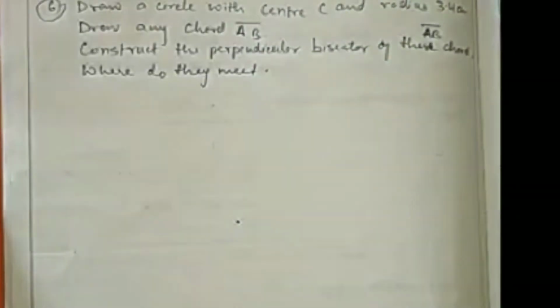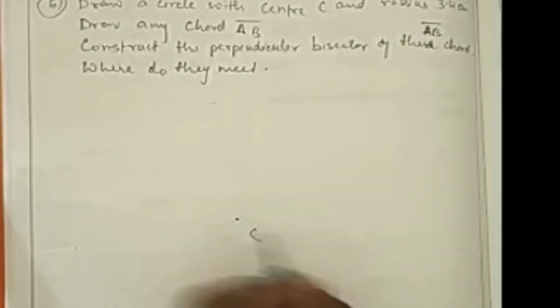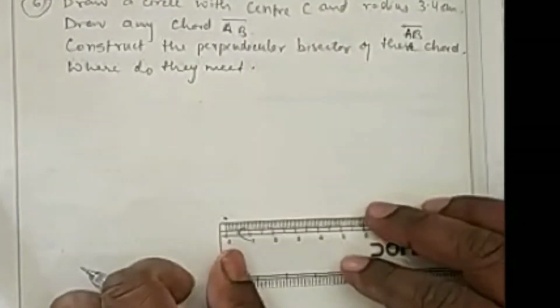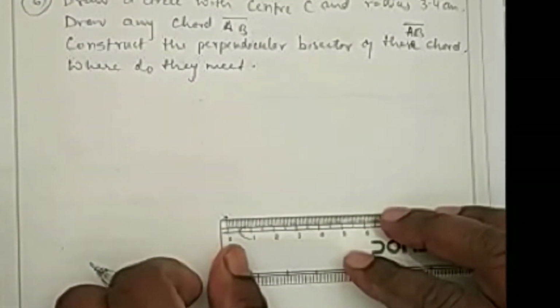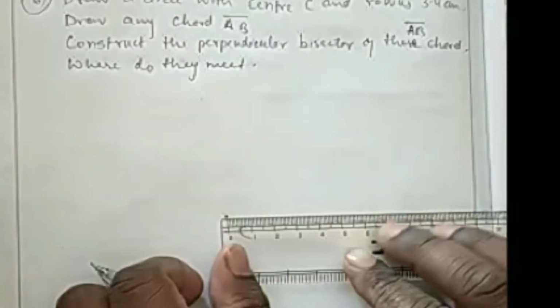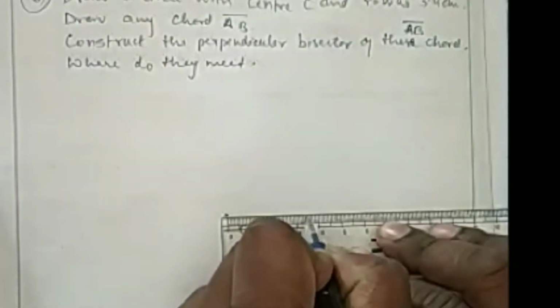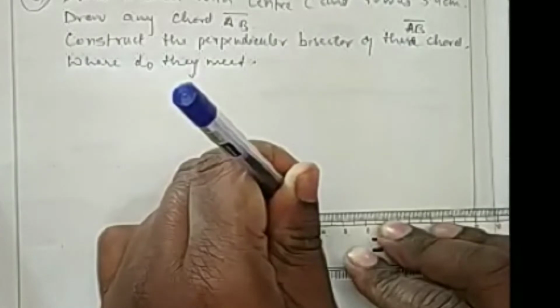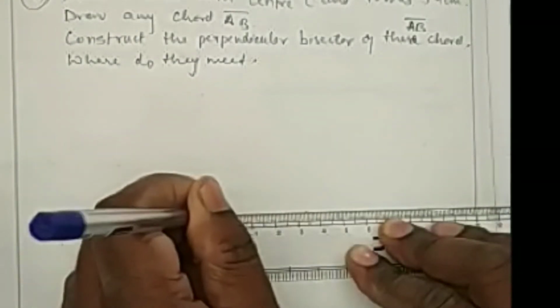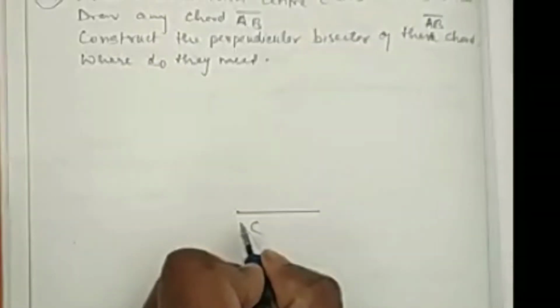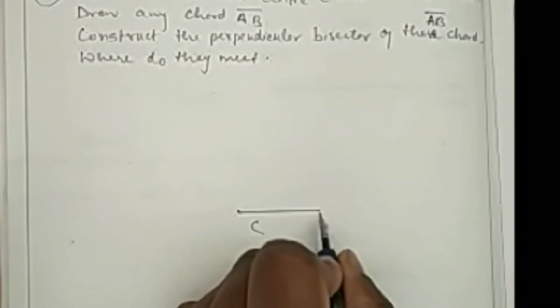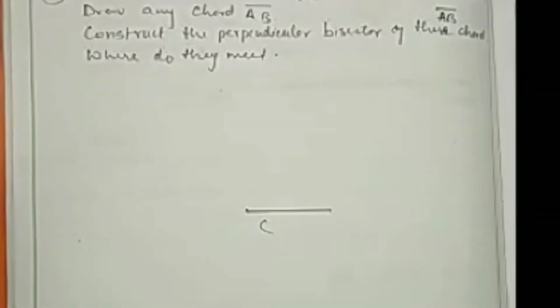Okay, and draw a line of 3.4 centimeter, which is actually a radius. So where will it come? This is 3.4. Okay, this is center C, and this is the point I have taken.